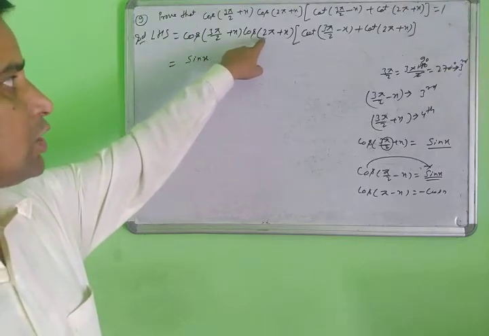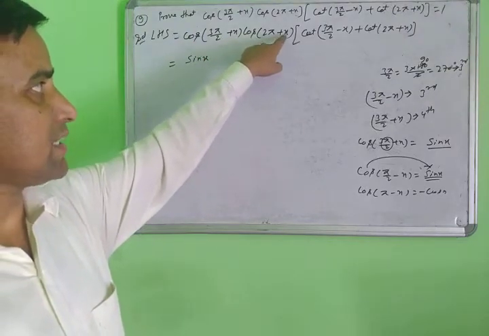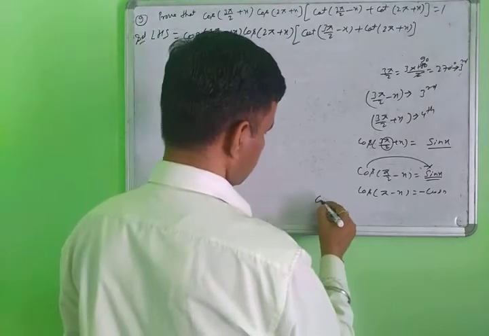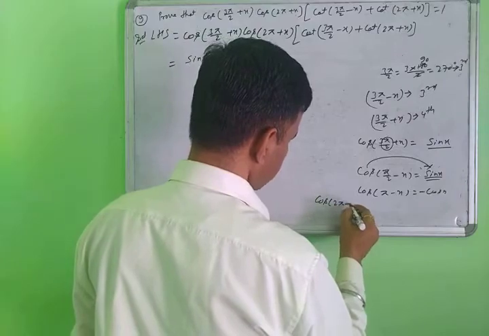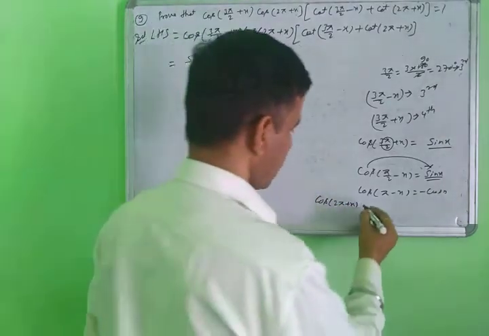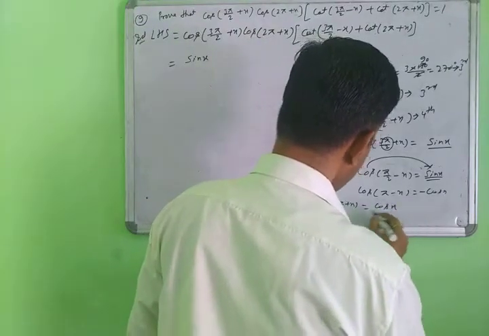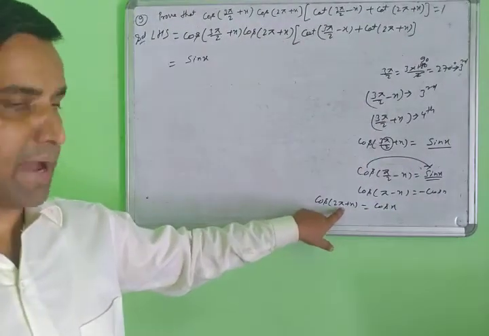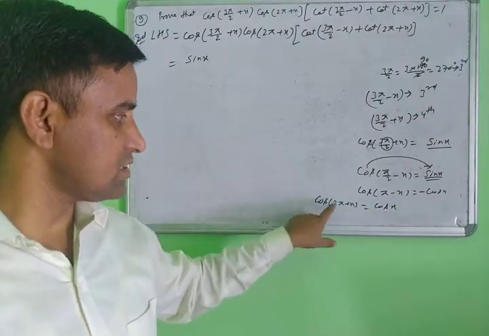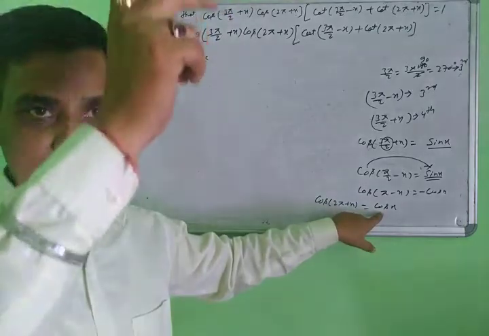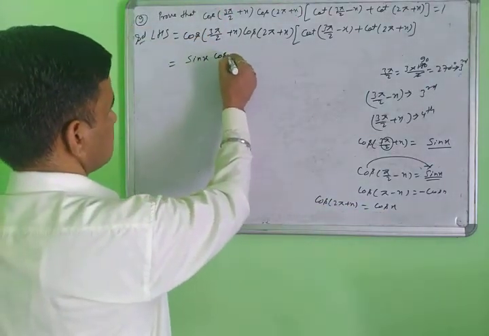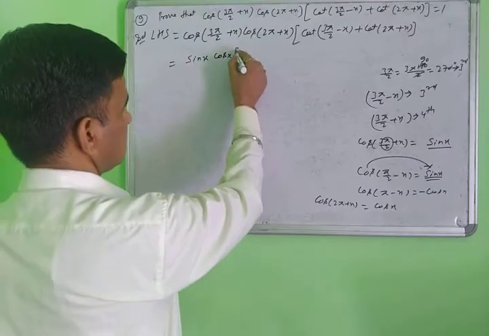Same thing for cos(2π + x): 2π is the fourth quadrant, and adding something moves into the first quadrant. Here it is cos x, because it is the form of π, so cos stays, and the sign is positive because in the first quadrant every trigonometric ratio is positive. The value is cos x.